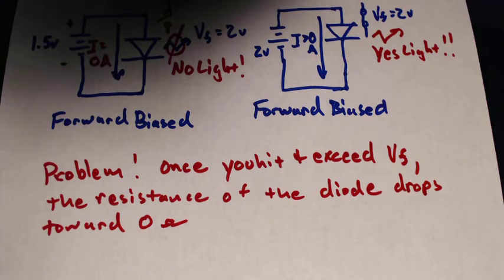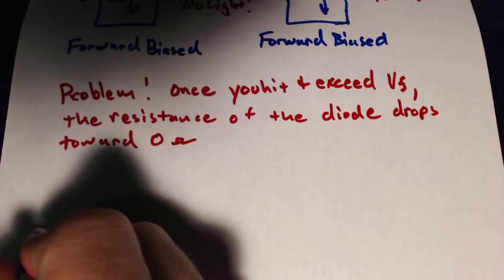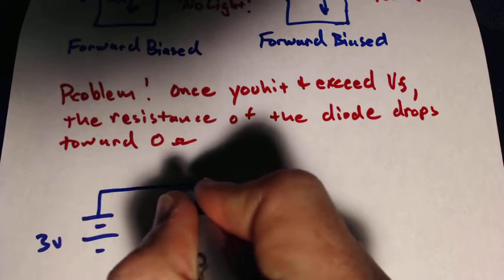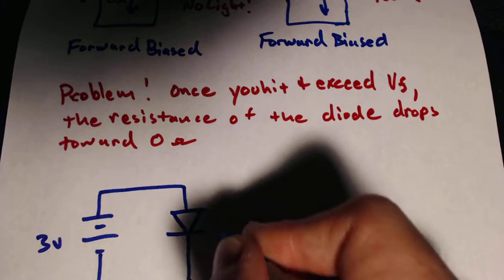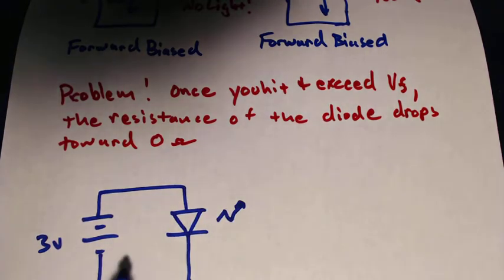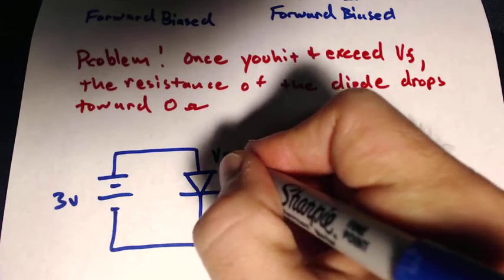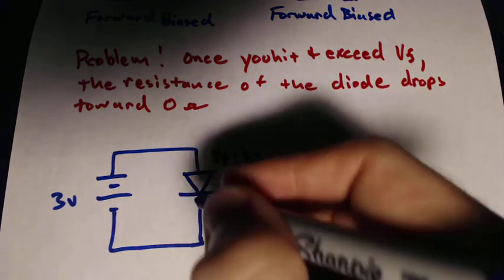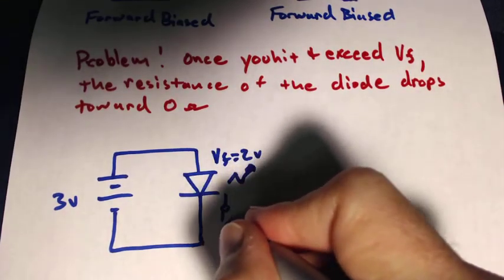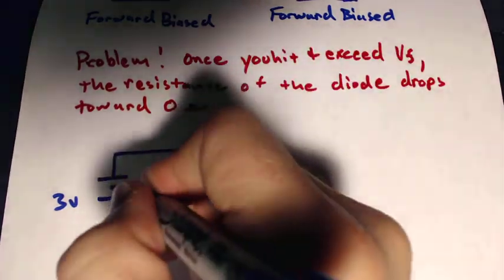So what I'm saying is, once we do this, we're forward biased, and we've exceeded V sub F equal to 2 volts. So this is conducting. This is allowing current to go through.